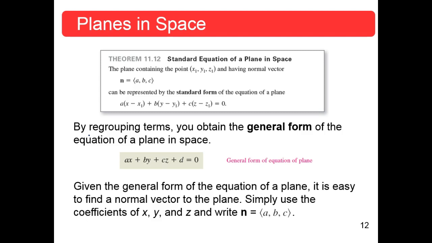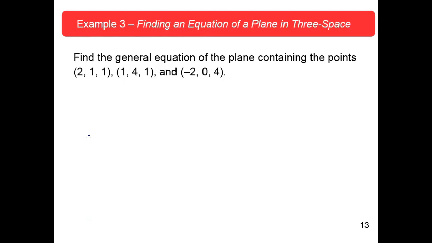Now, let's think back. If you have an equation in two variables, AX plus BY is equal to C, that's an equation of a line, right? AX plus BY plus CZ is equal to D, that's now the equation of a plane. Okay, so same type deal.